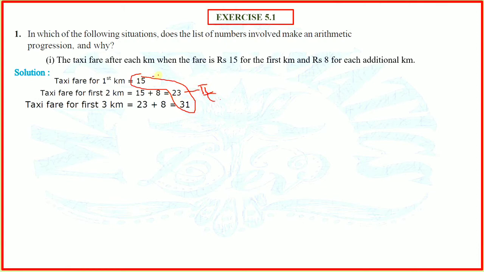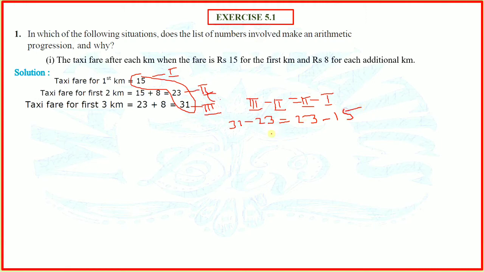and 31 is the third term. This is the universal law of identifying an arithmetic progression: any progression is an AP if the third term minus the second term is equal to the second term minus the first term. Look here, 31 minus 23 is equal to 23 minus 15.